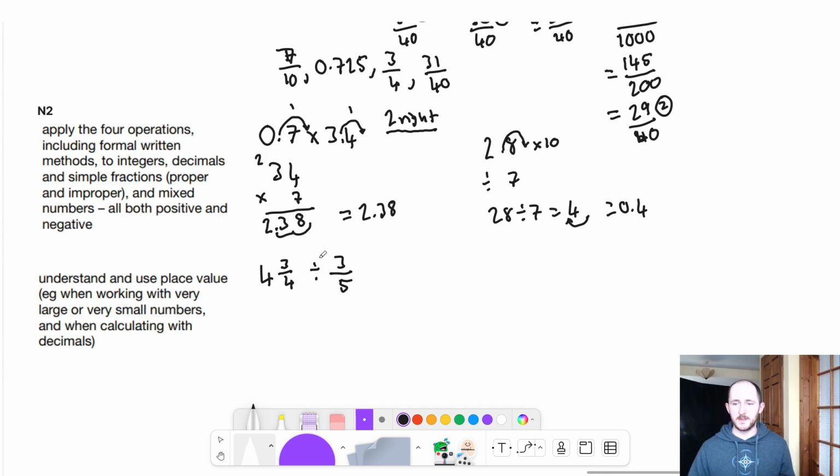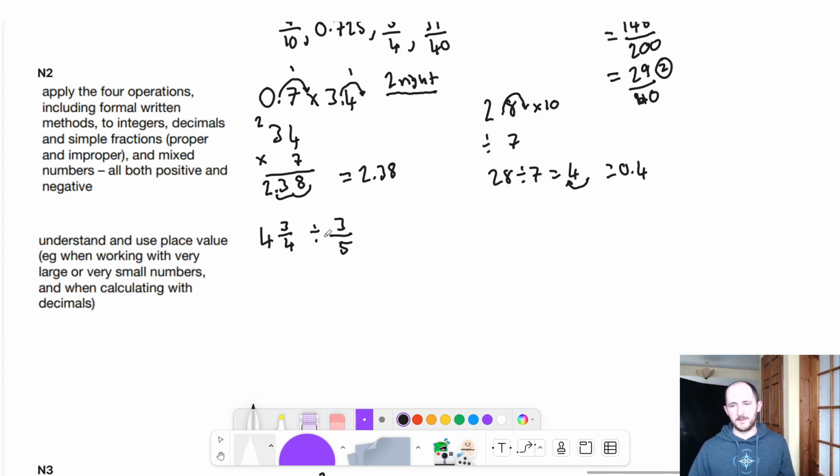Now with fractions, I'm going to show you the fairly trickiest example. When you add or subtract, all you need to do is make the denominator the same by multiplying, and then add or subtract them respectively. I'm also going to show you dividing, because with division you do KFC. You keep the first fraction the same, you flip the second fraction, and then you change the division to a multiply.